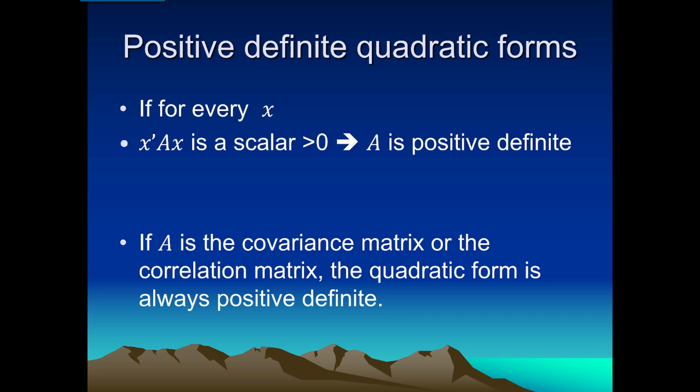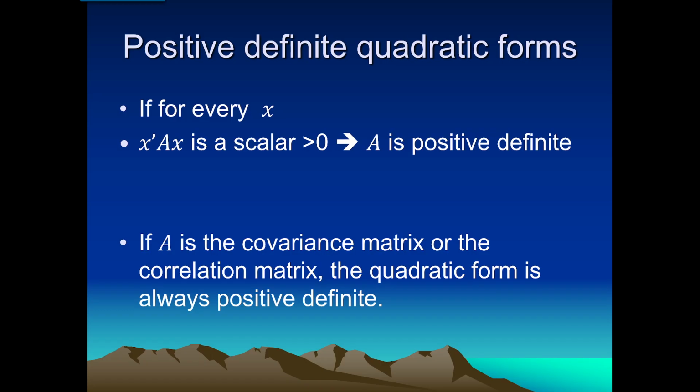Independently of your vector x, you can put any number, but the result of the quadratic form is a scalar which is greater than 0. If this is the case, then we call the matrix A positive definite, and all the covariance and correlation matrices are positive definite. Something which is amazing.